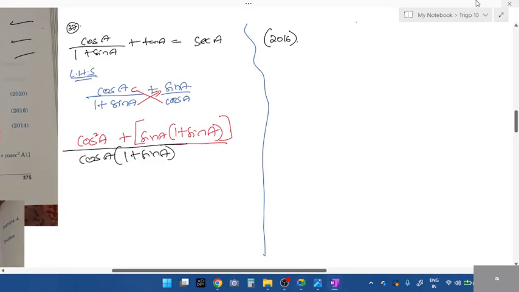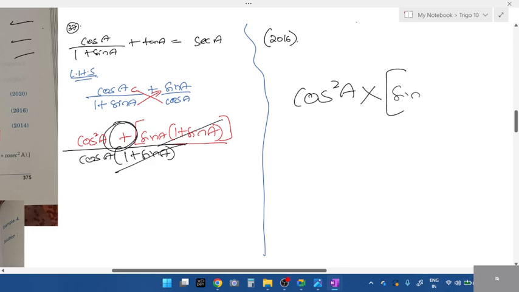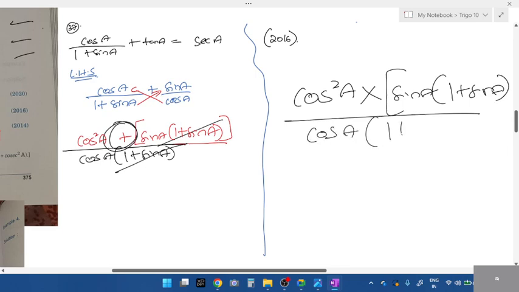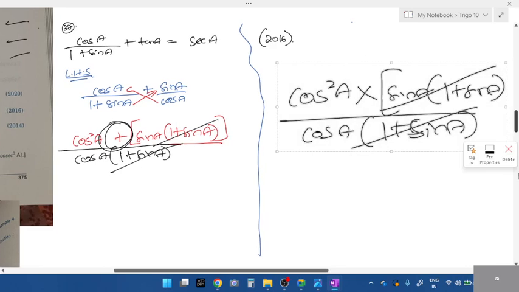Okay. See, one thing, you might want to cancel out these two, students. You can't cancel like this. The reason is we have plus outside. I'll explain. If cos square A is multiplied by sine A into 1 plus sine A, remember, now you could have cancelled 1 plus sine A. Now you can cancel this, right? 1 plus sine A and 1 plus sine A will get cancelled only when multiplication is given.